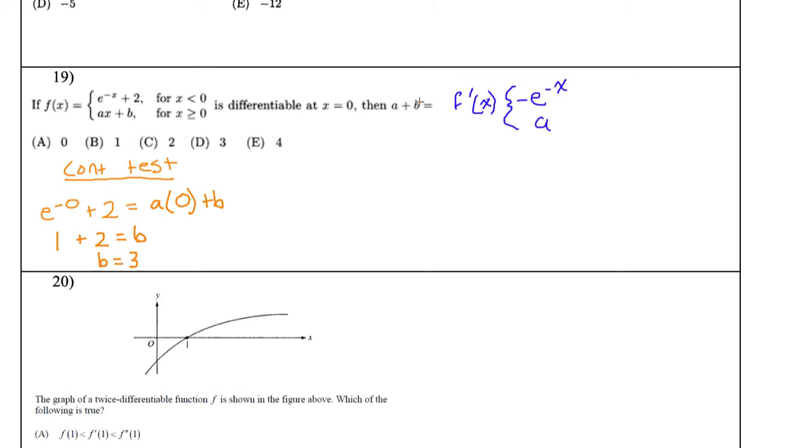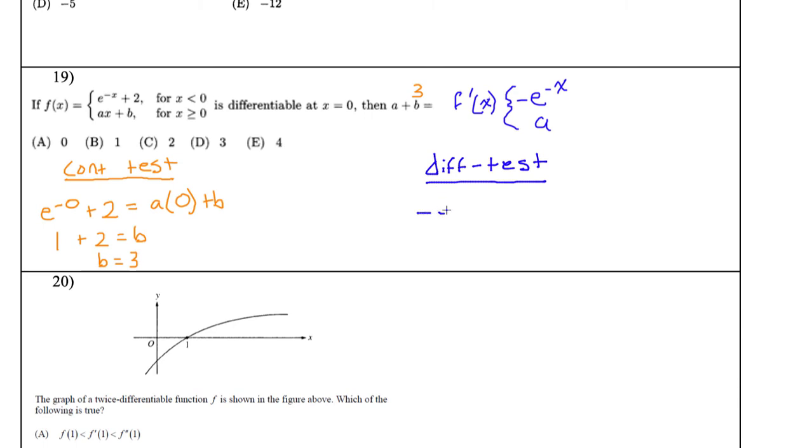Cool, we've got half of it. We know that b is 3. We need to find a now. To find a, you're going to set a equal to this negative e to the negative x. I should do the left piece equal to the right piece, just to be consistent. This is the differentiability test. The differentiability test says the same thing, just with the derivative now: set the left equal to the right and plug in the suspect point.